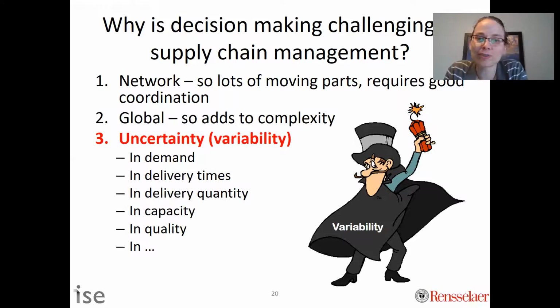It's global, so it adds a ton of complexity. And really at the heart of it, it's about uncertainty and variability being the villain. We have variability in demand and delivery times and delivery quantity and capacity and quality, et cetera.